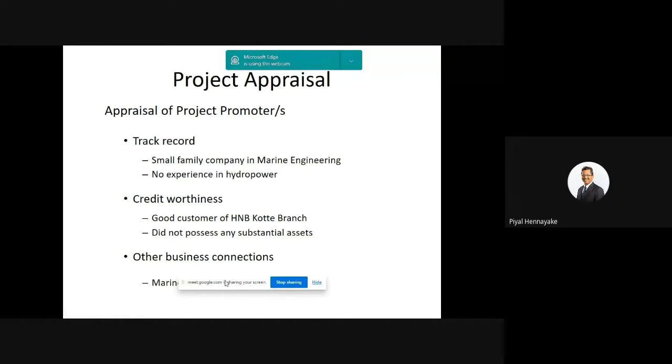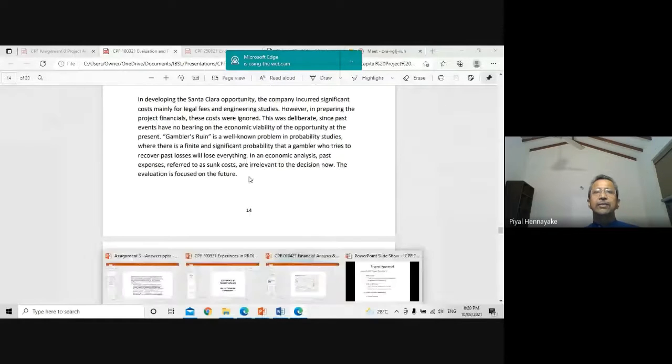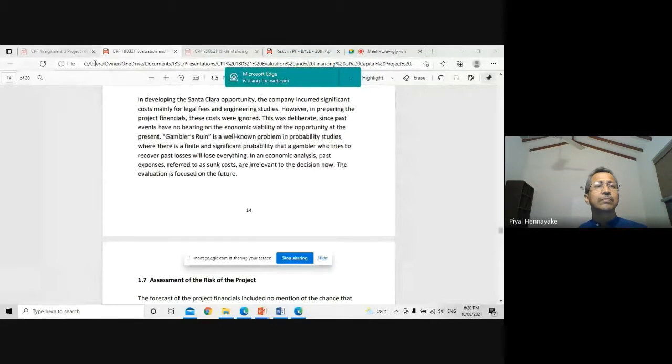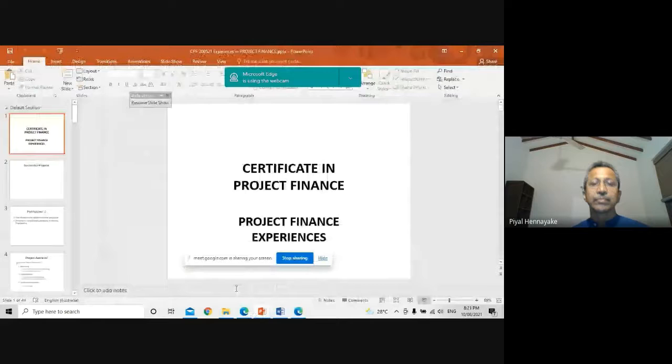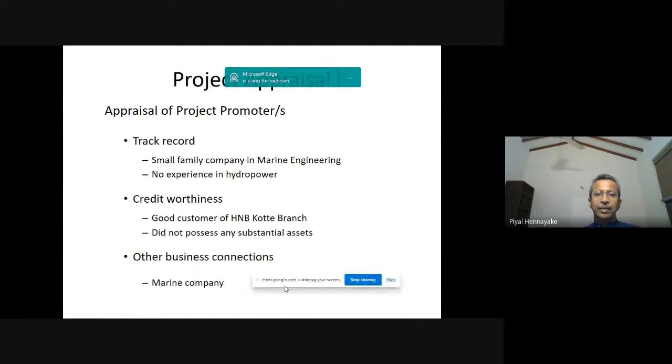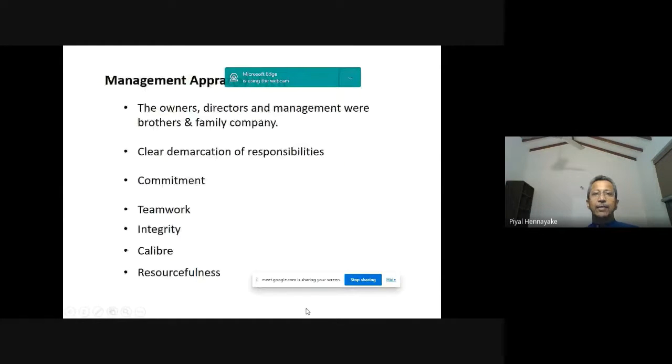So other business connections, it's a marine company. Management appraisal.